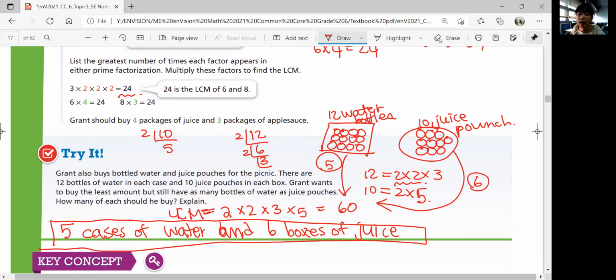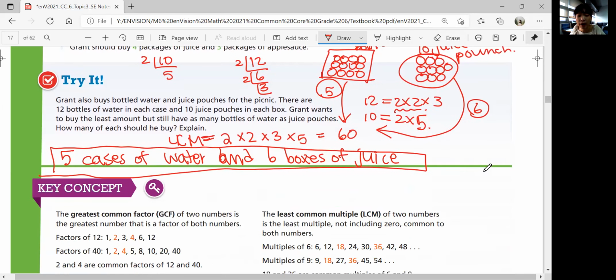Explain that the LCM of 10 and 12 is 60. So 60 is the least number of both water bottles and juice pouches that Grant can buy to have equal amounts of each.